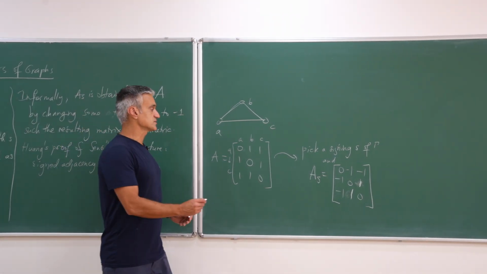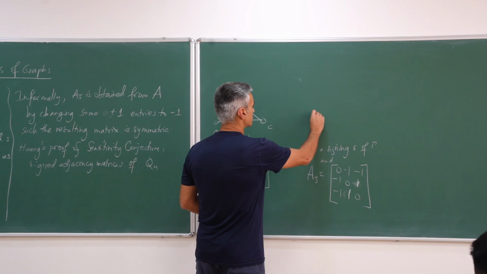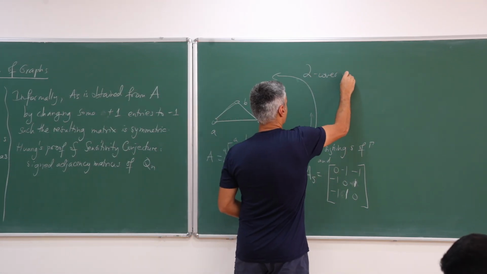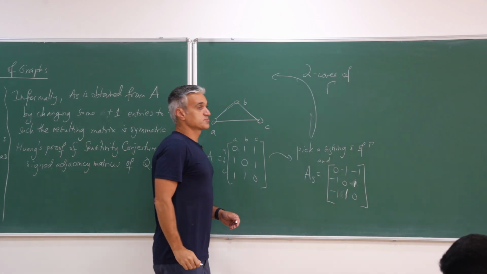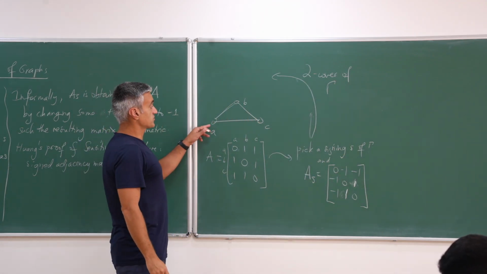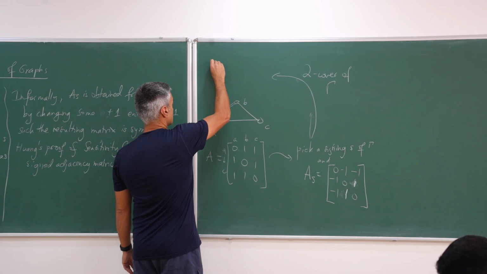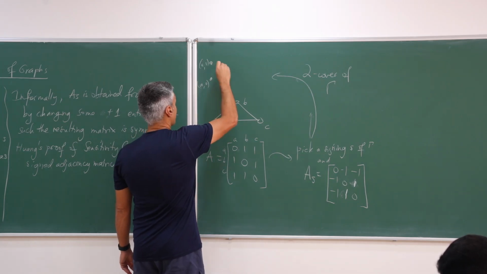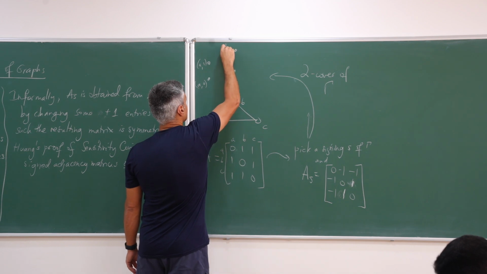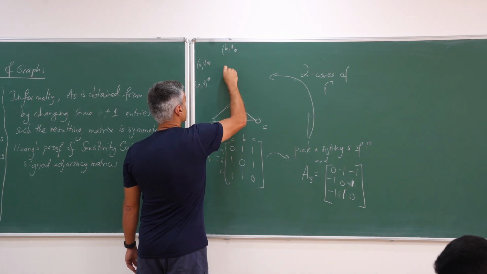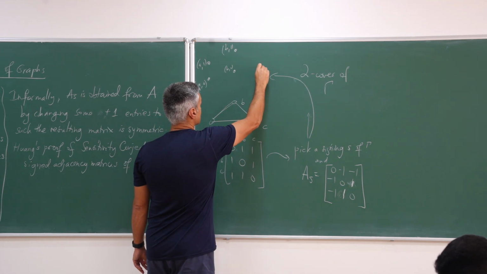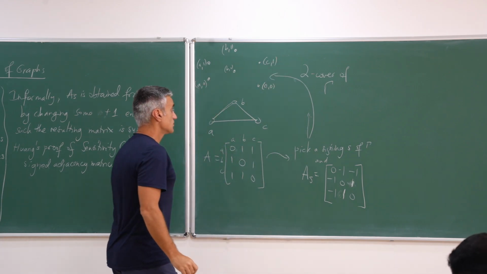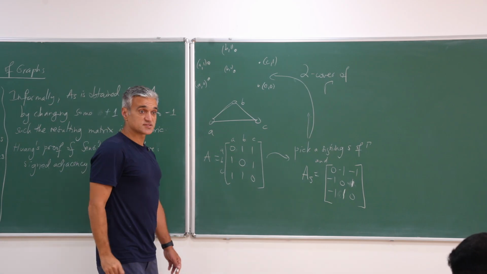From this sign adjacency matrix we get the 2-cover of gamma by the recipe that we did yesterday. For each vertex you make 2 copies: A0, A1, B0, B1, and another copy, C0, C1. Now you look at each edge and see what the sign is.